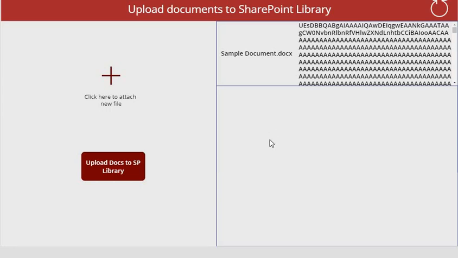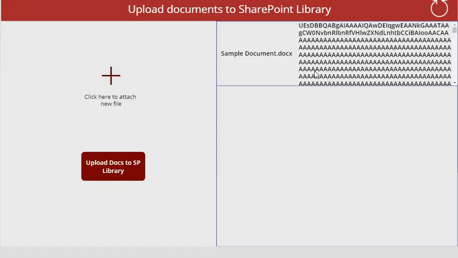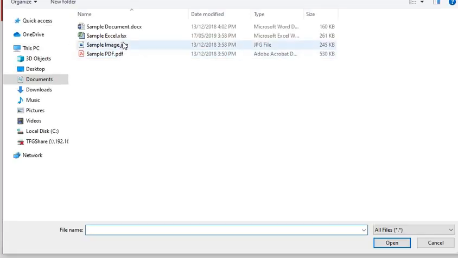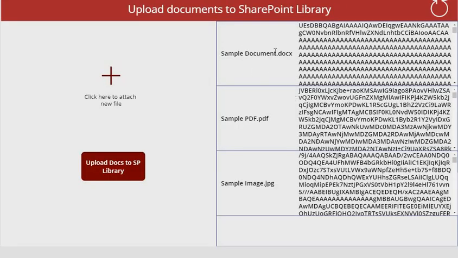On the right side, there is a gallery where I'm showing the binary of the file and the name of the file. Let me just add another file and one more. So as I told you, this is a binary of the file and the name of the file. That is what we need when you need to upload a file to the SharePoint library.